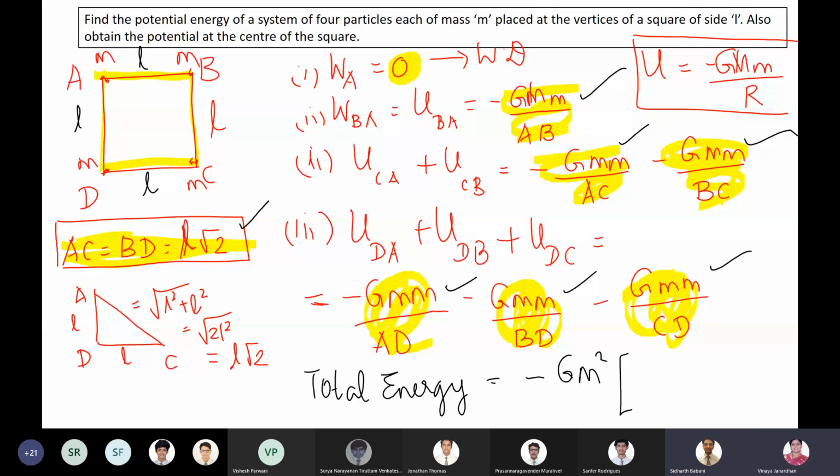Find the potential energy of a system of 4 particles, each of mass m, placed at the vertices of a square of side L. Also obtain the potential at the center of the square, because you need to understand the concept. Ma'am, the previous answer was minus 20.67 into 10 raised to negative 9. Yes, perfect.